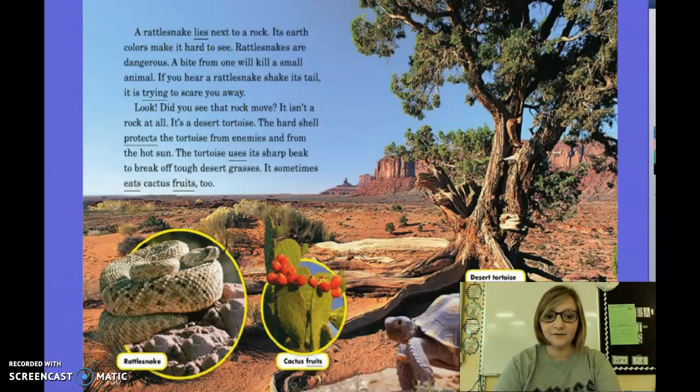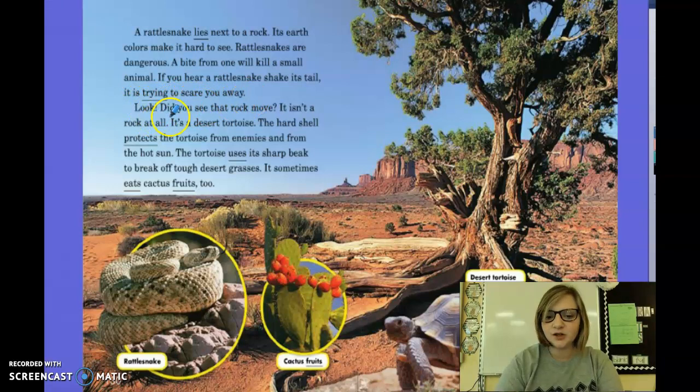Reading finger ready? Reading finger ready, and we're ready to read. Look and read. A rattlesnake lies next to a rock. Its earth colors make it hard to see. Rattlesnakes are dangerous. A bite from one will kill a small animal. If you hear a rattlesnake shake its tail, it is trying to scare you away.